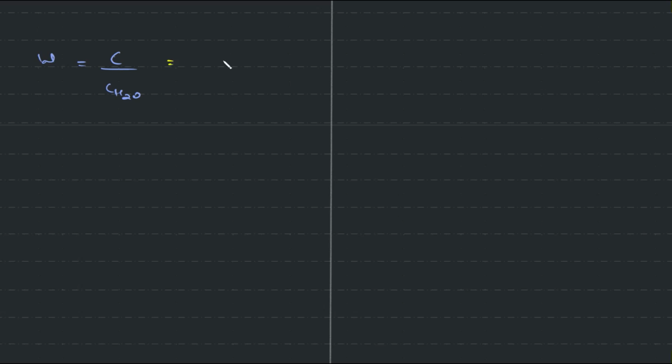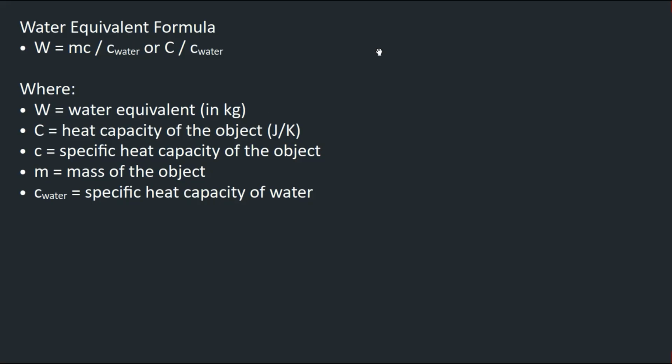Or if you expand C, that will be mc of the object, small c, sorry, this is specific heat capacity, while capital C is not specific, this is heat capacity. That's your formula. So obviously the SI unit is kg. We're talking about an amount, so water equivalent is in kg.